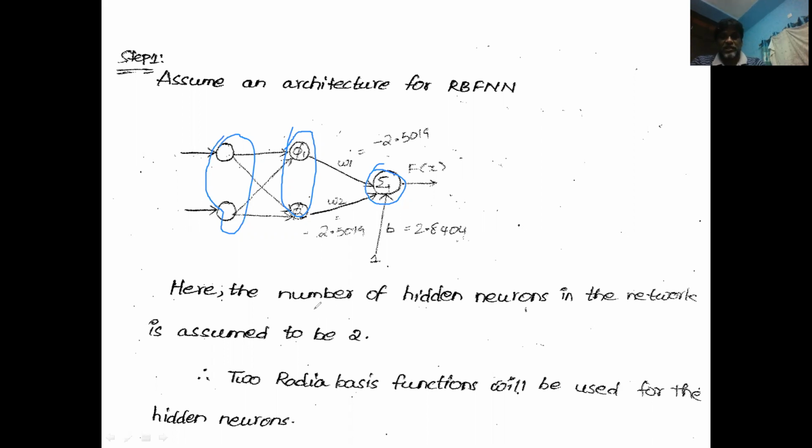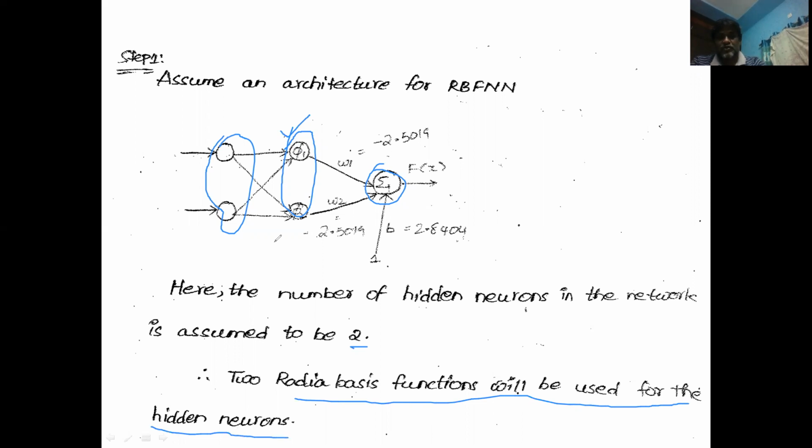So here it is. The number of hidden neurons in the network is assumed to be 2. Why is that? Because the classes that we want to identify are 2. Therefore, generally it will be 2, but you can pick any number for this hidden layer. Once you select the number of neurons in the hidden layer, you need to use the same number of radial basis functions for the hidden neurons.